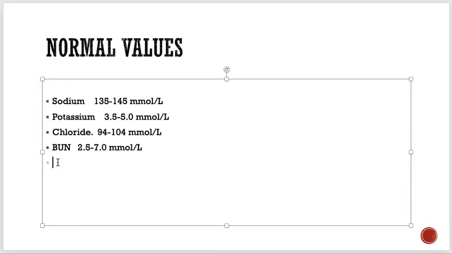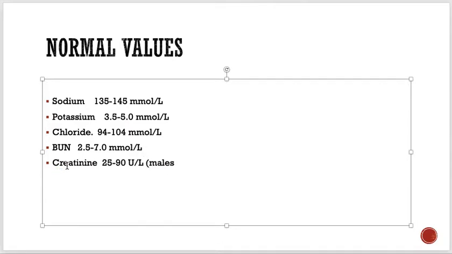And creatinine, because I told you creatinine is mostly done in conjunction with urea. The normal value in males is 25 to 90 units per liter. I will write down males.